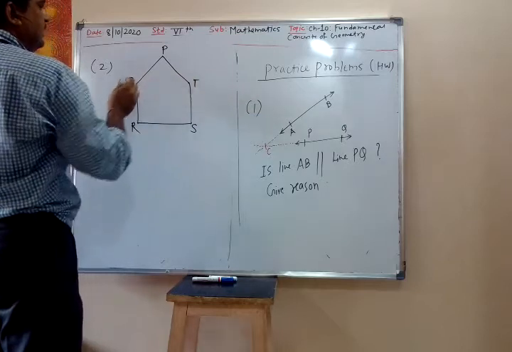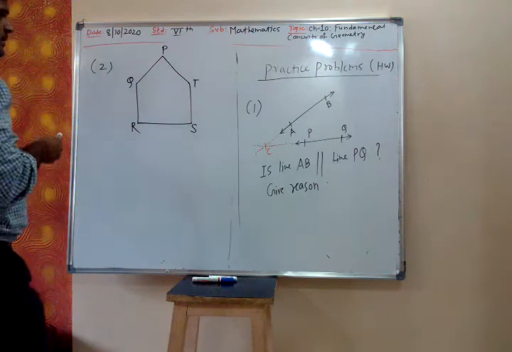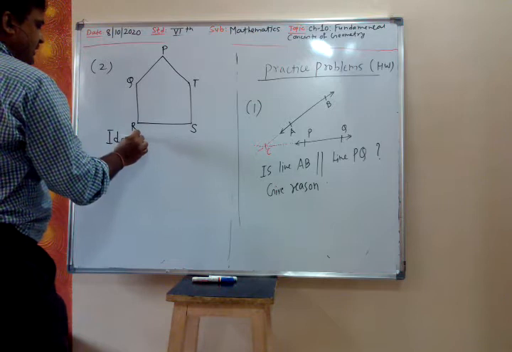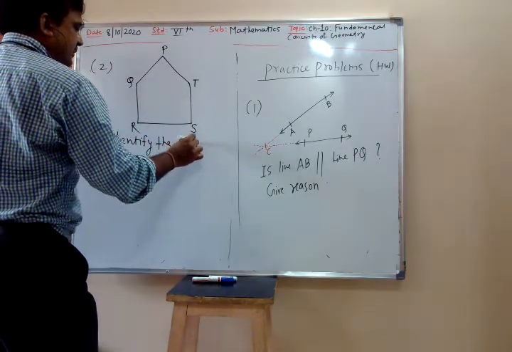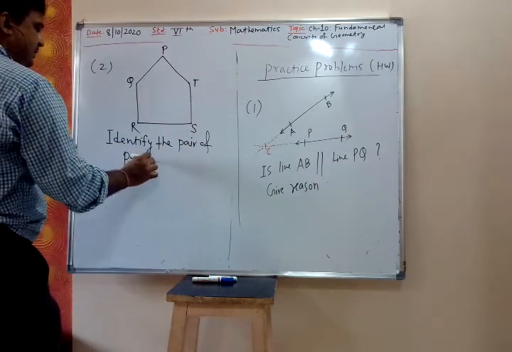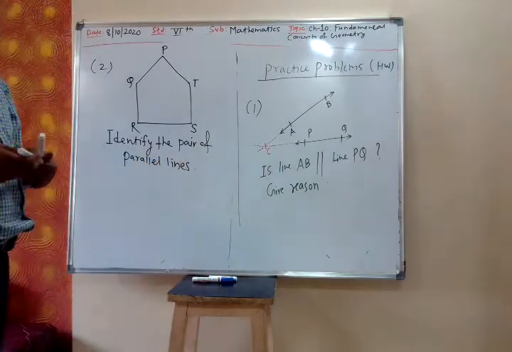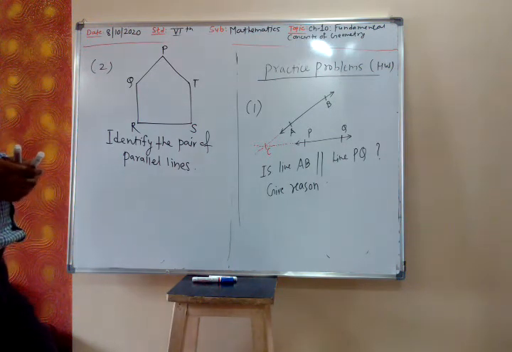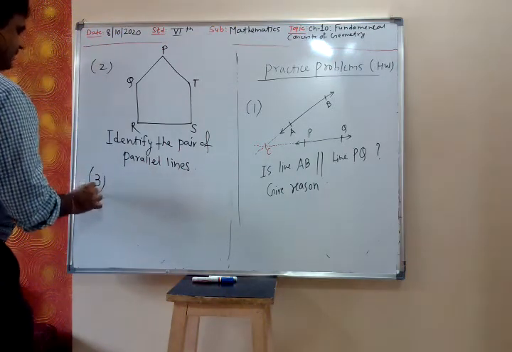Now in this, identify the pair of parallel lines. You have to identify the pair of parallel lines. You have to write down which lines are parallel. Understood? That you see which lines are parallel.